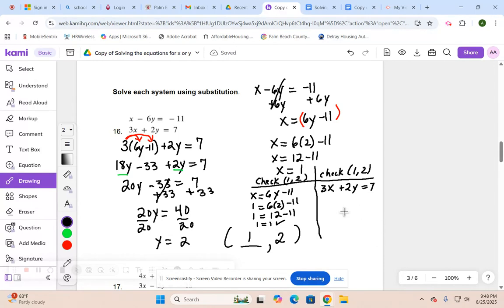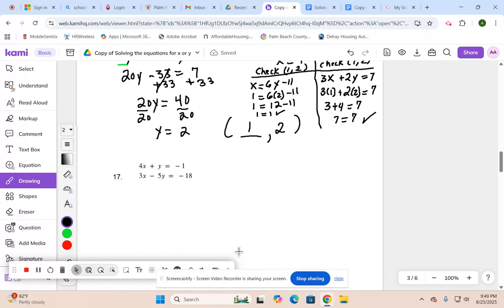All right, let's see if it's also a solution for the other equation, because there has to be a solution for both to be a solution for this system. So 3 times 1, x is 1, y is 2, 2 times 2 equals 7. Let's see, 3 plus 4 equals 7, so 7 equals 7. It's also a solution for this equation, so we are sure that this is the answer because we have checked it.